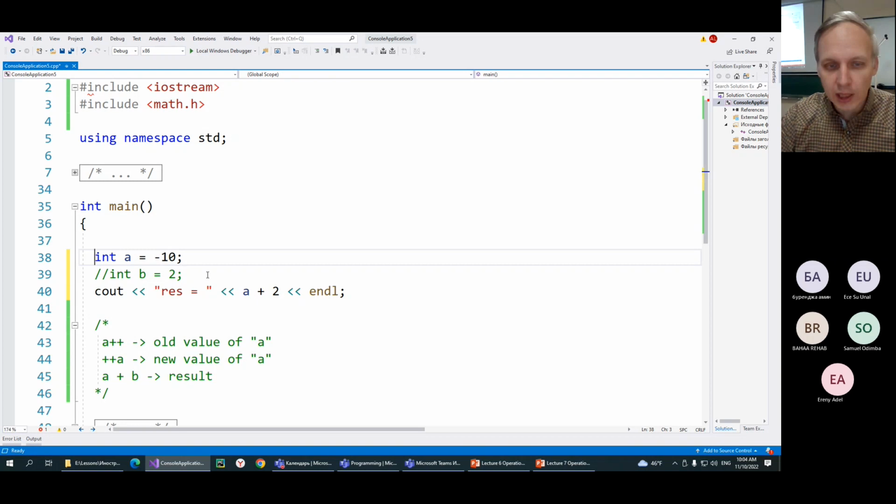Because in some cases there can be a situation of so-called overflow, when the value of the result is larger than the largest value that can be expressed by this type.